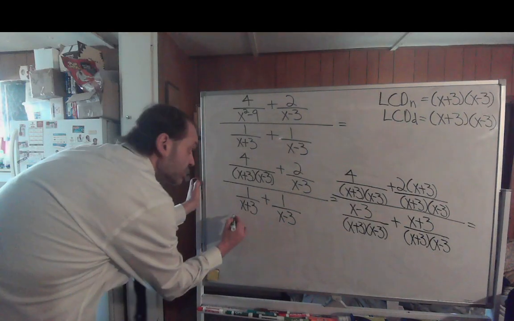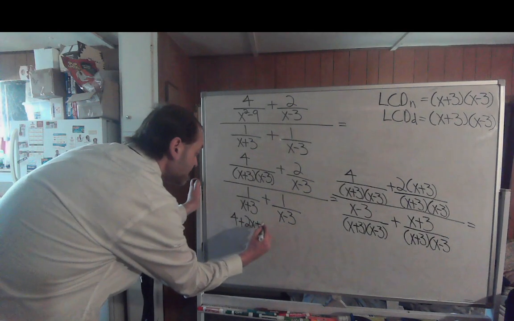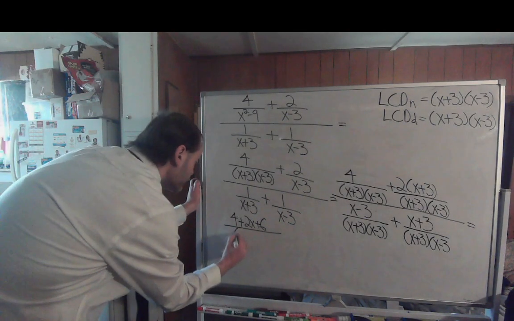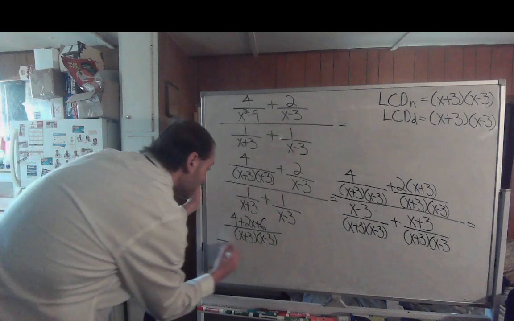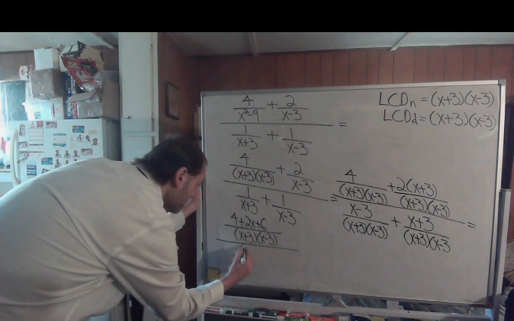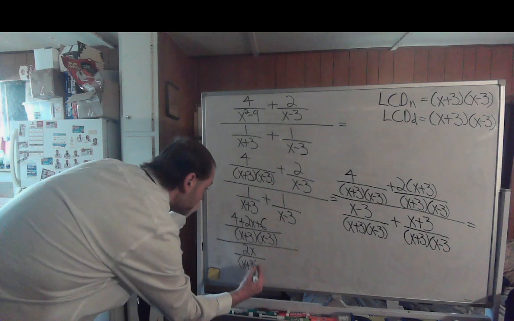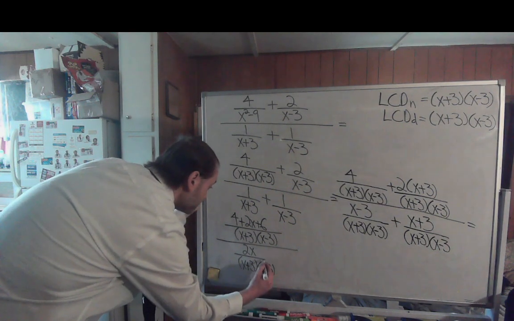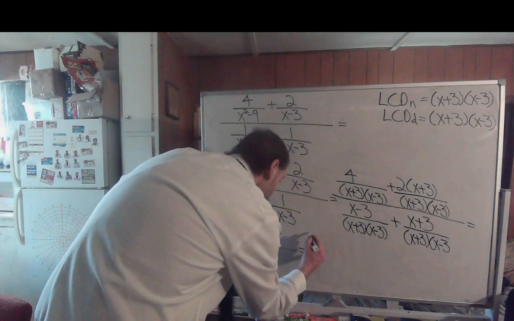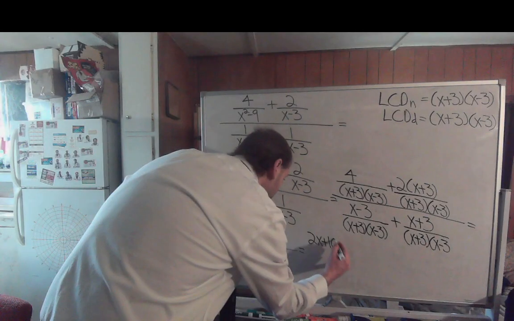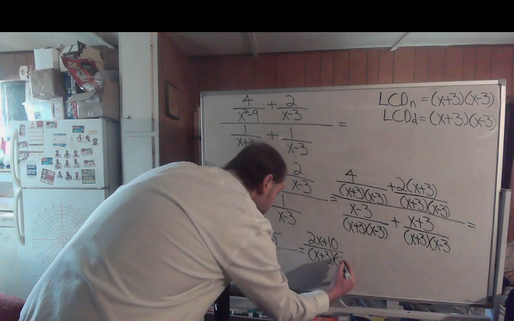This will simplify into 4 plus 2x plus 6 all over x plus 3 times x minus 3, all over 2x all over x plus 3 times x minus 3, which would simplify further into 2x plus 10 all over x plus 3 times x minus 3.